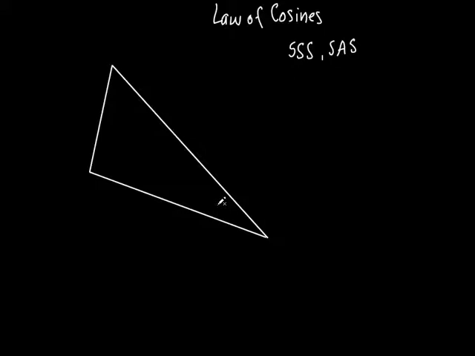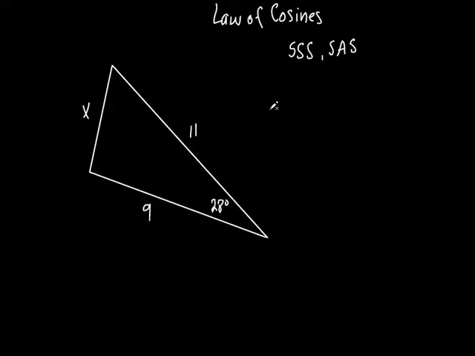So let's put some numbers in here, then I'll show you what the formula says. So what situation do we have here? We got side, angle, side, don't we? Okay, side, angle, side. So I'm going to use the law of cosines. Well, you don't even know what the law of cosines is, do you? So it starts off with something that looks familiar to you. It looks like the Pythagorean theorem.